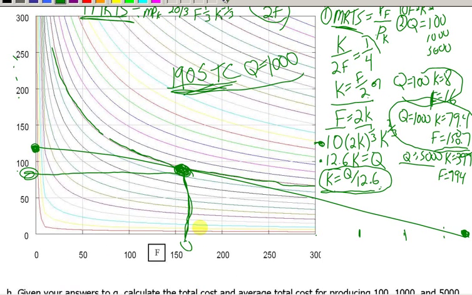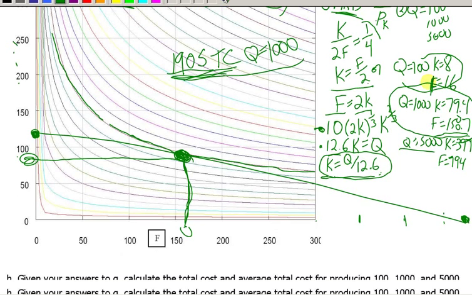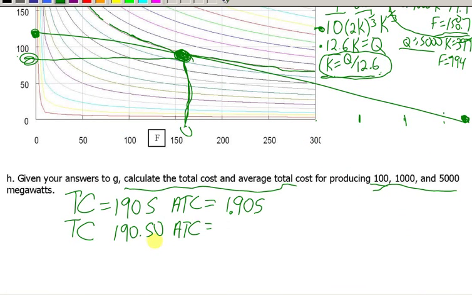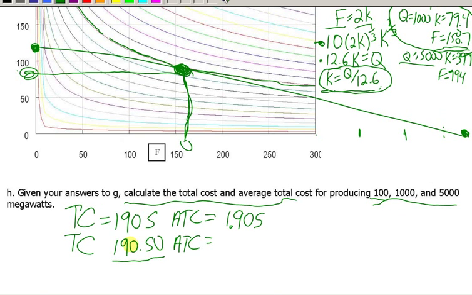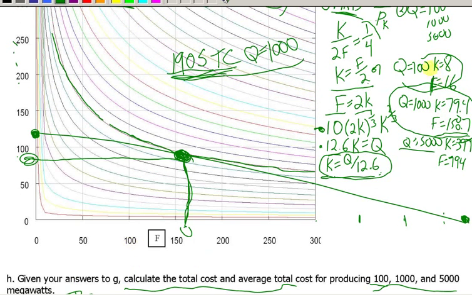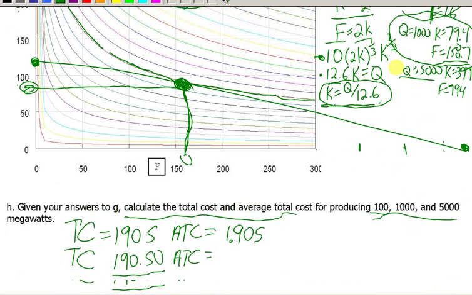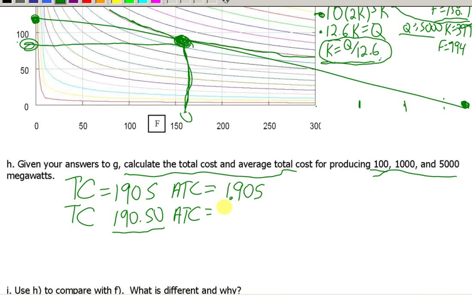So 8 units of capital, 8 times 16 equals $128, plus 16 units of fuel times $4 each, $192. Yeah, except for a little bit of rounding there, that's right. If you don't round the K and the F, we don't actually need exactly 8, a little bit less than 8. So the average total cost is going to be about the same thing, about $1.90.